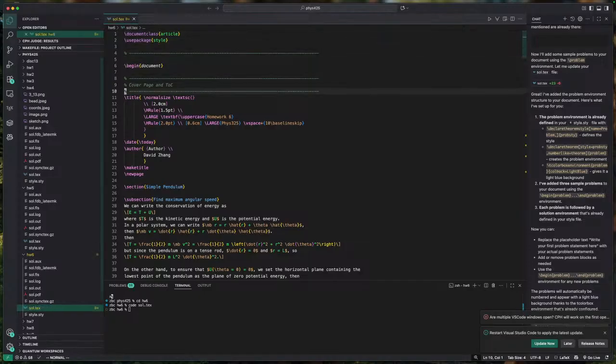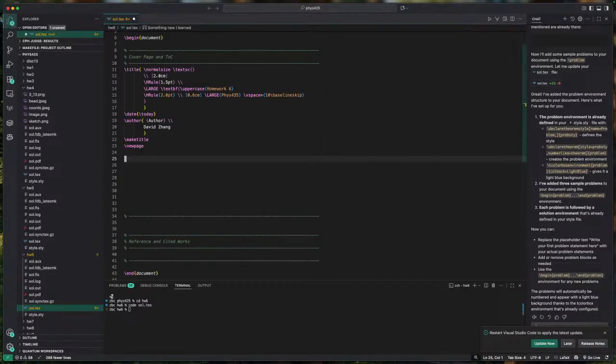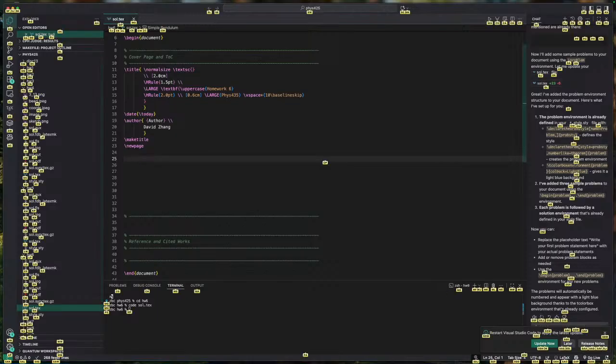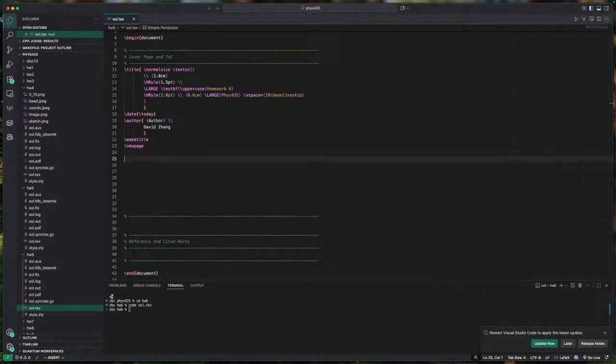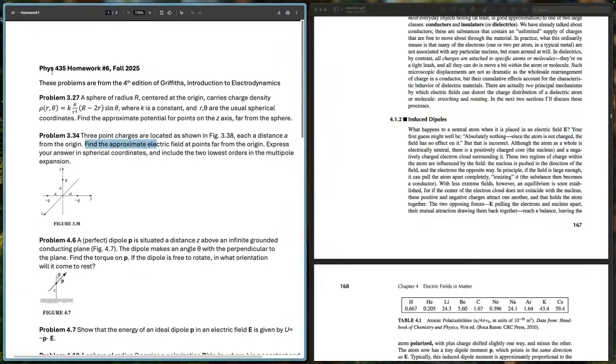Okay. Okay, let's do this. First, let's let Gemini type up the problems.